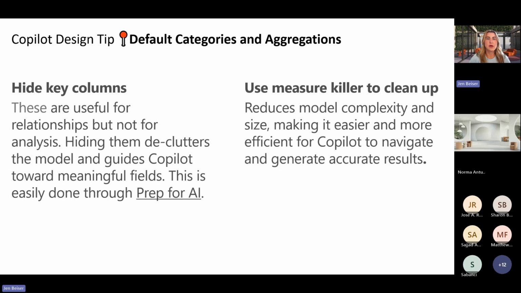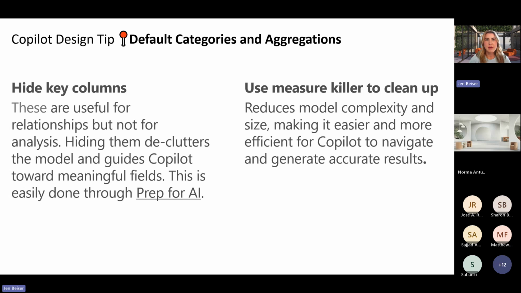And also, if you hide them, Copilot can no longer see them. And you don't want Copilot to consider those fields when it's answering questions. You can easily do that by using Prep for AI, which is a new tool within Power BI. That's going to allow you to multi-select all of the fields that you don't want Copilot to consider and make sure that they're hidden from Copilot.